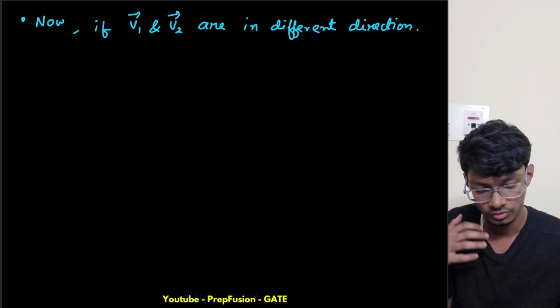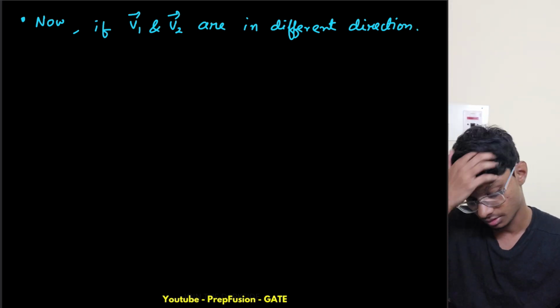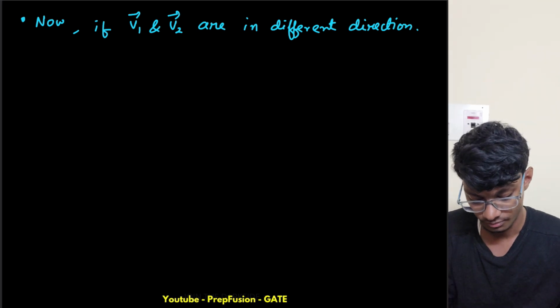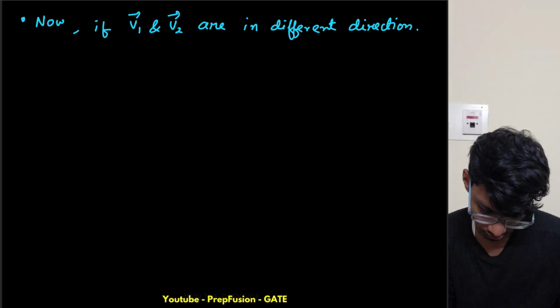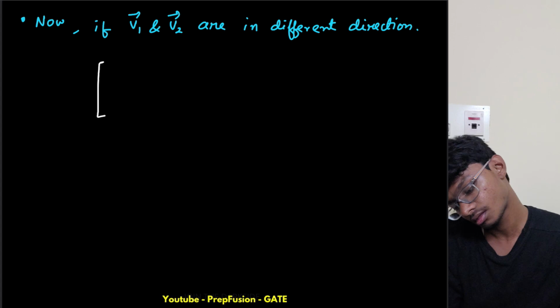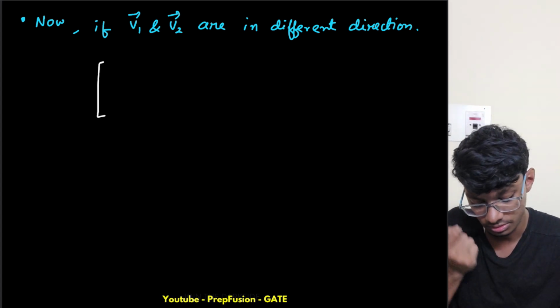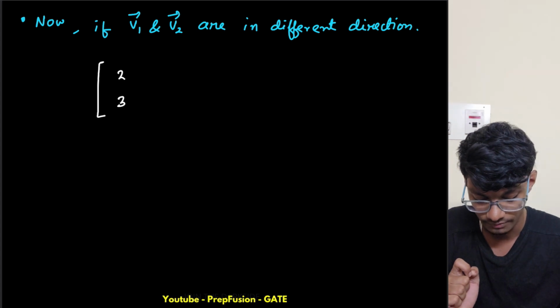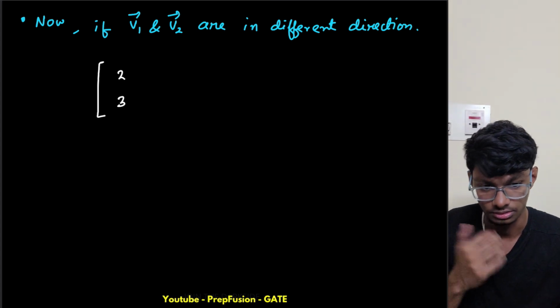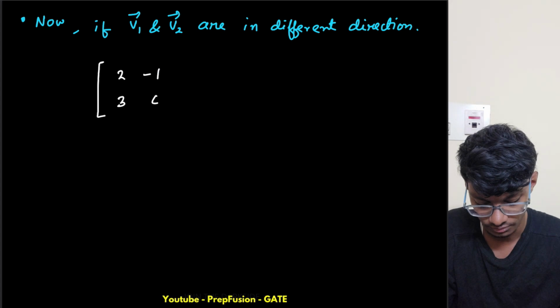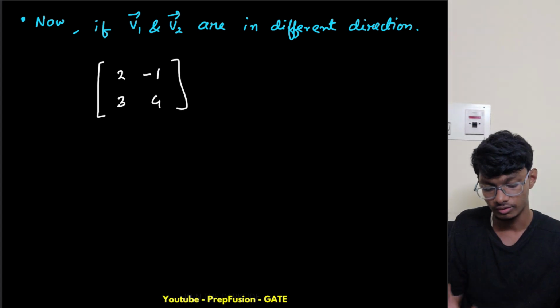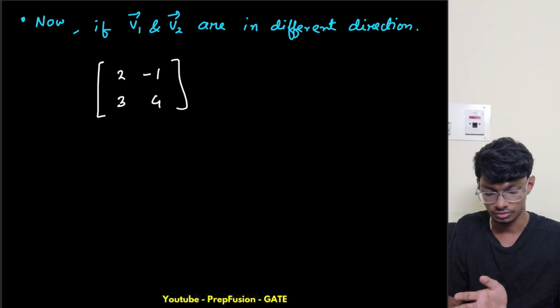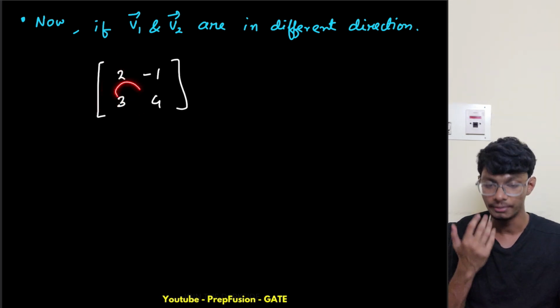Now if v1 and v2 are in different directions, what will happen basically? Let me take an example. Let's say I have this 2 3 and this is, let's say, -1 4. So I won't be able to write a linear combination of this one with respect to this. This is not a multiple of this.